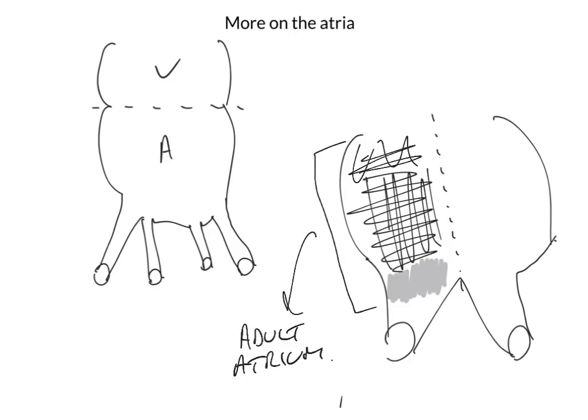Now it gets a little bit more interesting than this, because within the smooth portion of the adult atrium, that which is derived from the sinus venosus, we develop the sinoatrial node. So the SA node, the sinoatrial node, important for the rhythm of the heart, is actually derived from the smooth portion of the atrial wall, which comes from the sinus venosus.